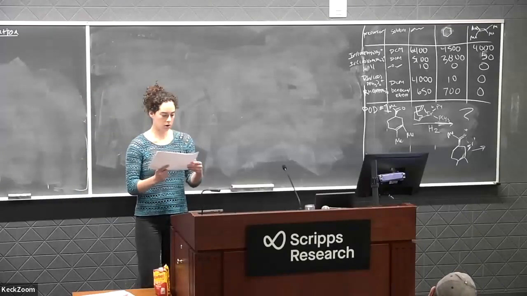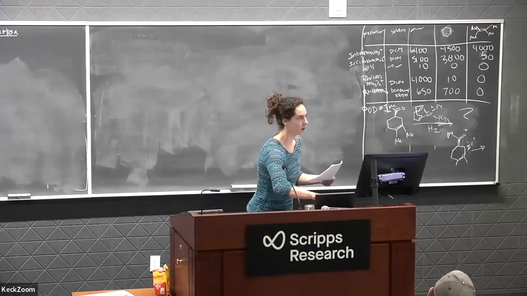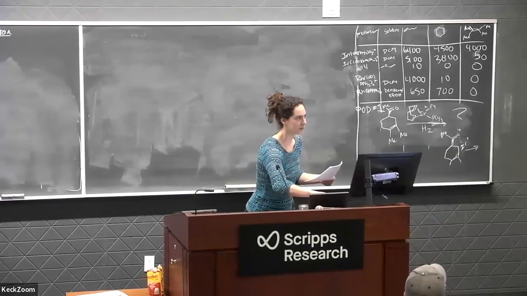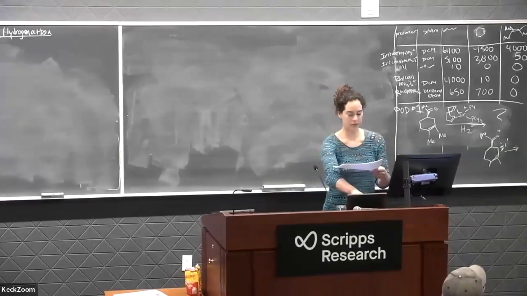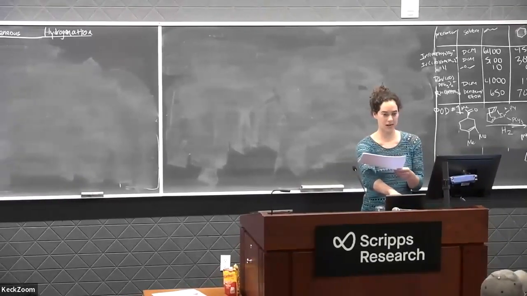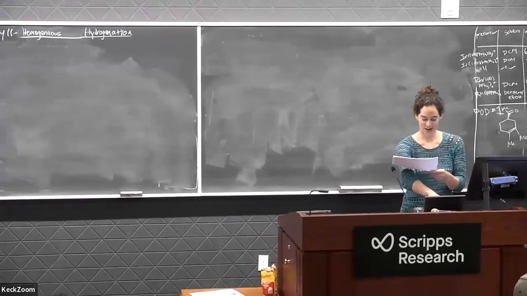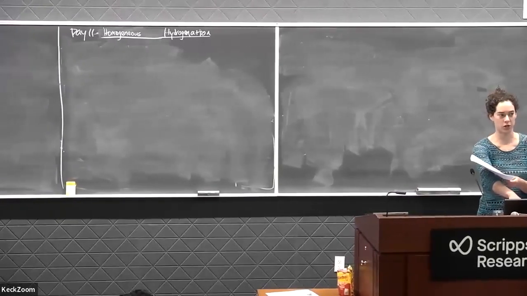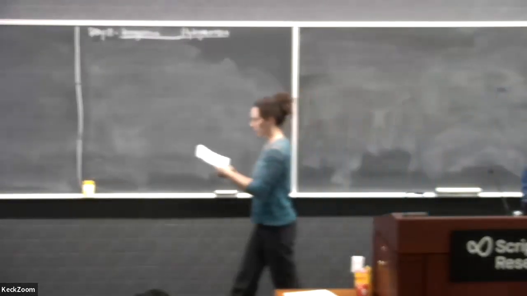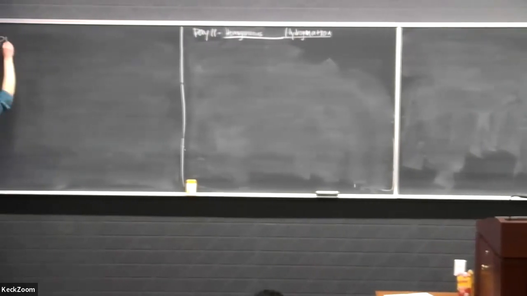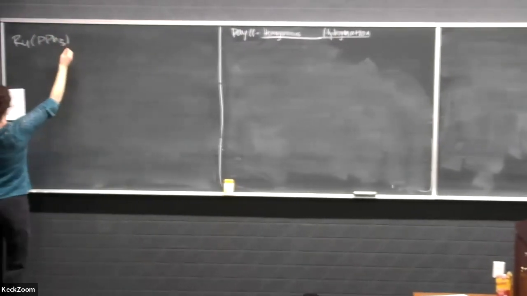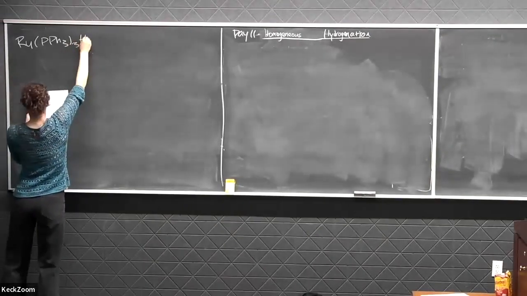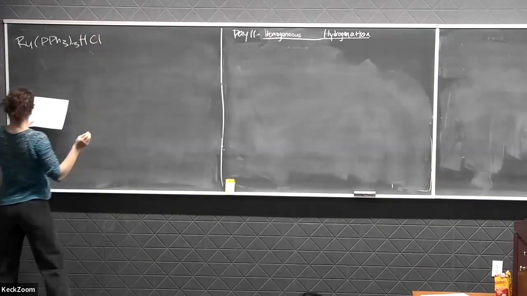Okay, so the next topic we'll discuss is ruthenium catalysis. Ruthenium catalysts are some of the most widely used for asymmetric hydrogenation. So one example of ruthenium, which looks similar to the other complexes we've discussed, is this one here.